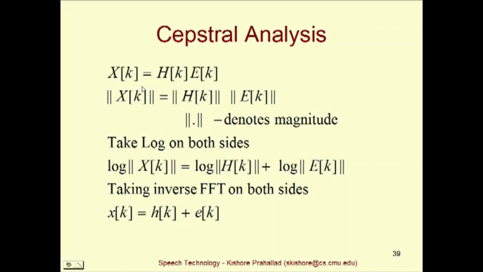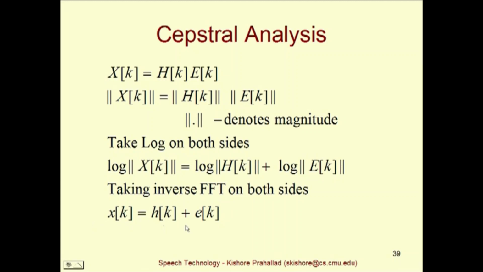This is a mathematical analysis of it. If x of k is a spectrum, it consists of two components, spectral envelope and spectral details. If you take the magnitude of it, this is the equation, and then take log on both sides, this is the equation. The moment you take log, you get a summation here. Then take IFFT, inverse FFT, and you get this equation.